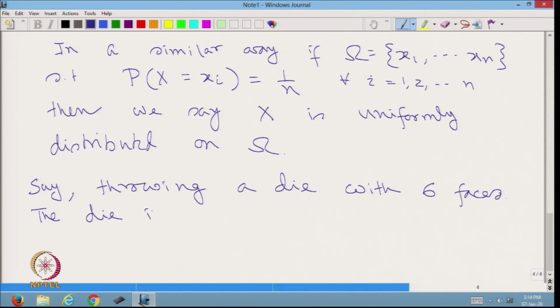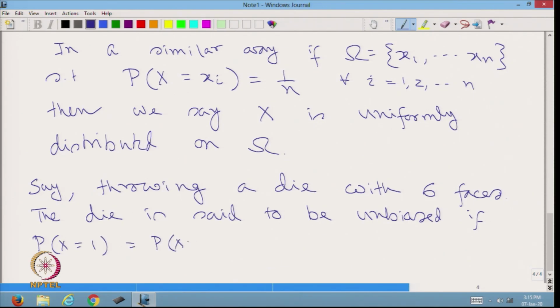The die is said to be unbiased if probability X equal to 1 is equal to probability X equal to 2 is equal to probability X equal to 6 is equal to 1 by 6.